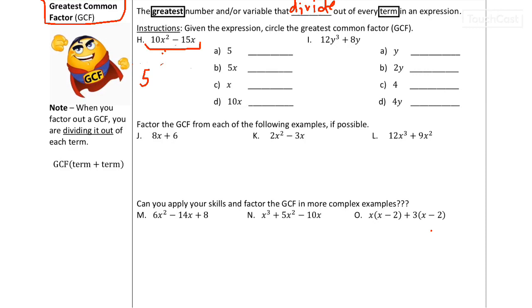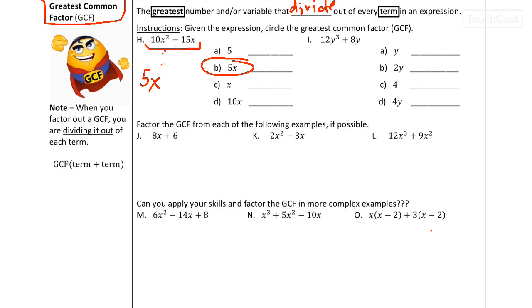Since x is the lowest powered, he would be part of our GCF. So if you do example H here, the correct answer would be B. 5x is the biggest number and variable that can divide out our polynomial of 10x squared minus 15x.